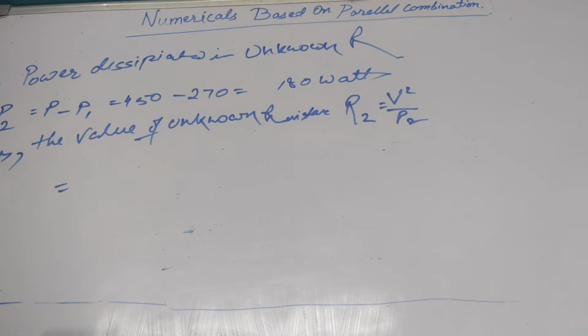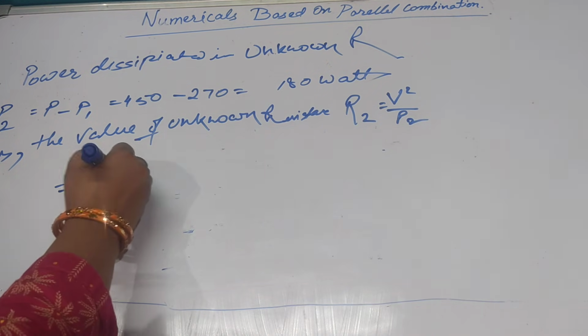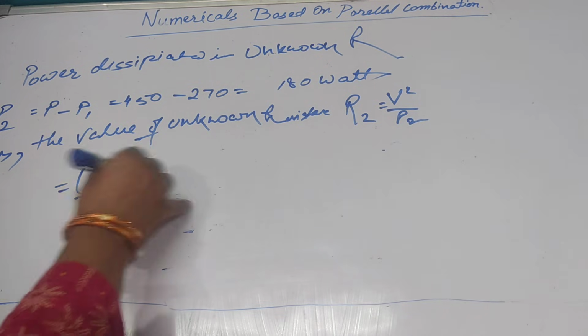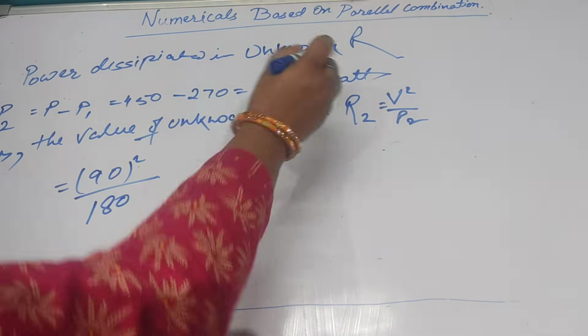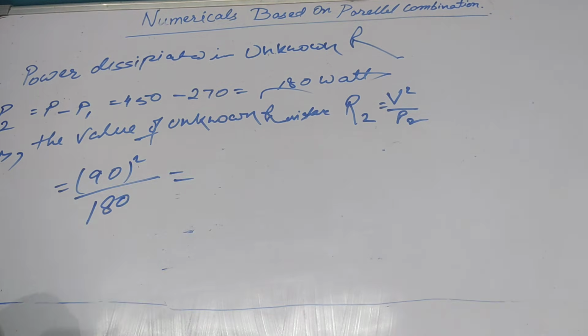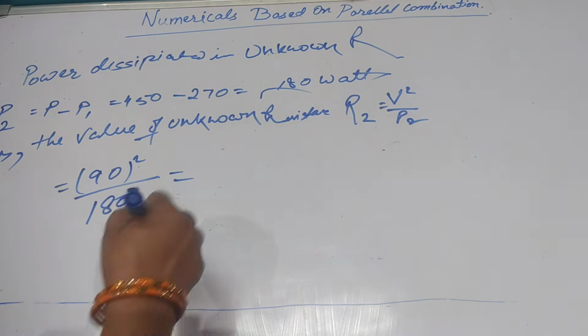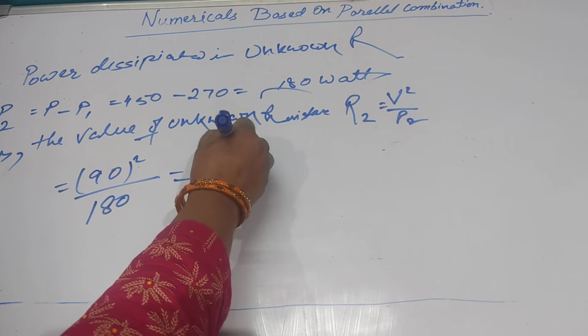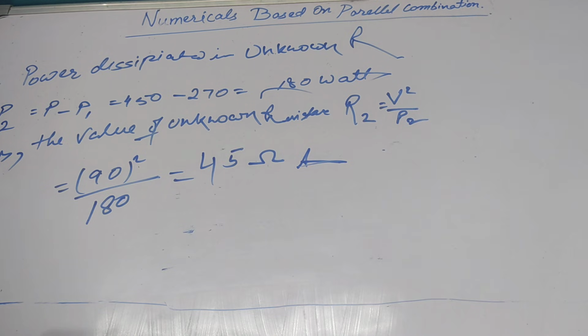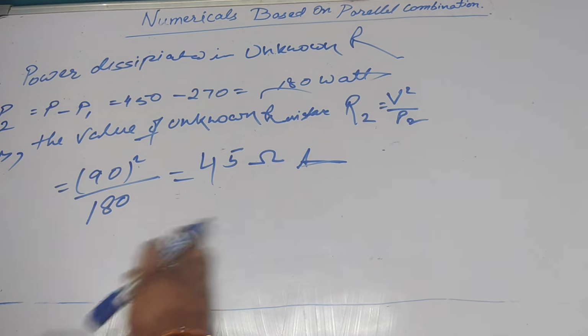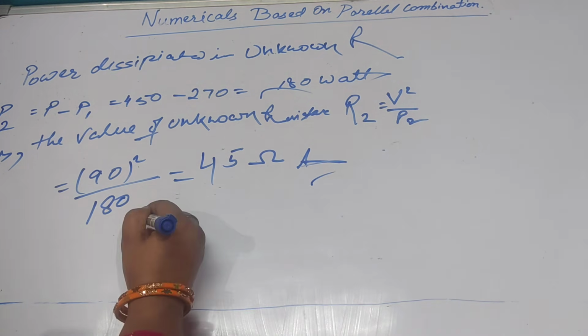V square is given. P2 is 180. So what will come? 45 ohm. This is the final answer.